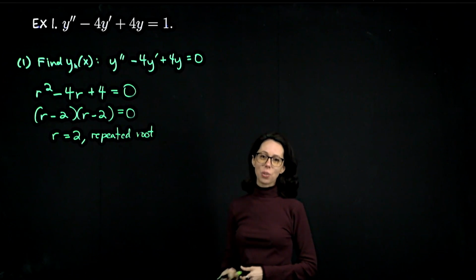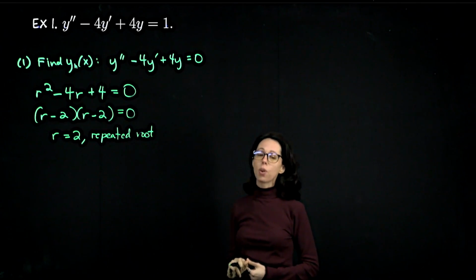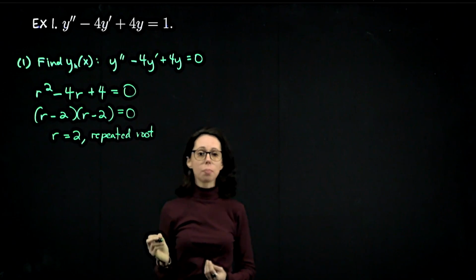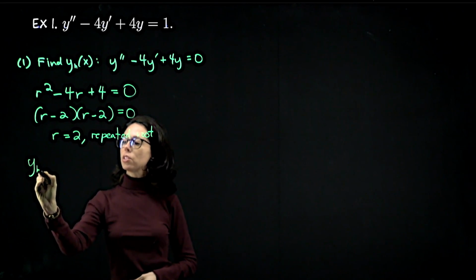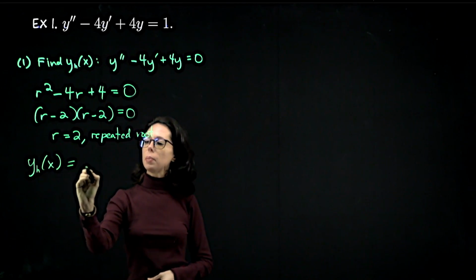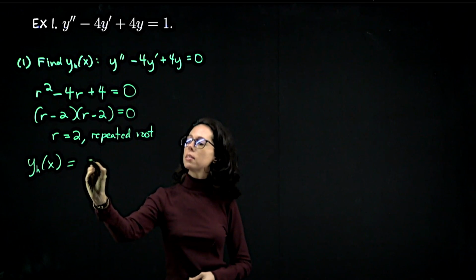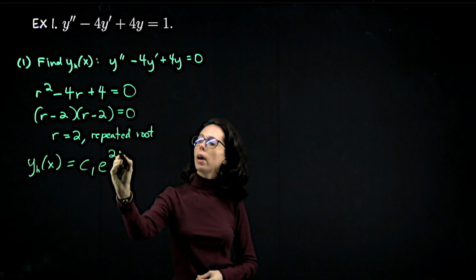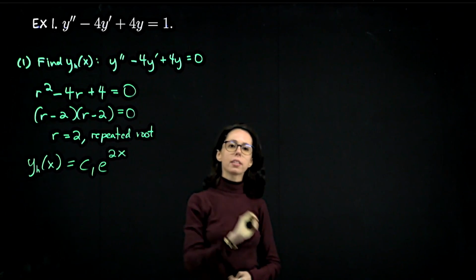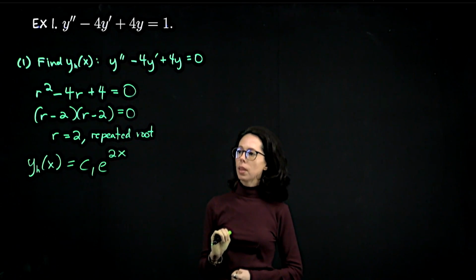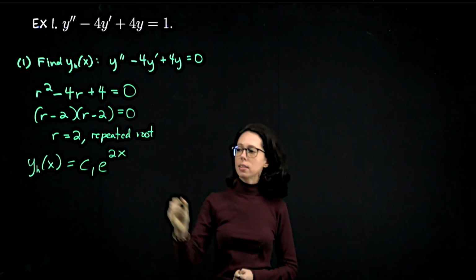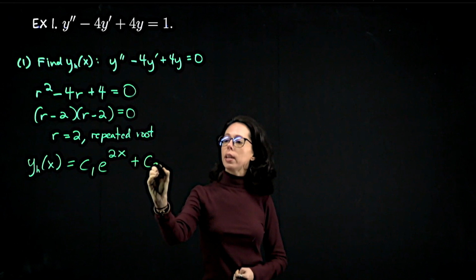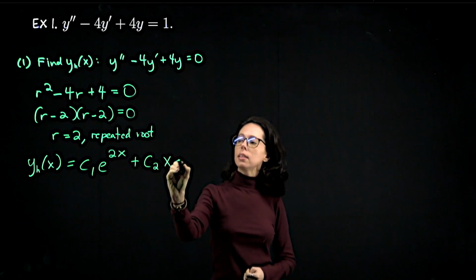We've discussed how to write down the solution to this kind of homogeneous problem before, so let me just jump straight to it. y sub h of x is going to be built out of two pieces. The first one is c1 e to the 2x, where this 2 comes from that root r equals 2. Then because this is repeated, our second component is c2 x e to the 2x.